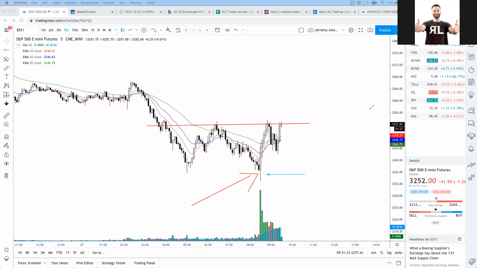So if you're playing the E-minis or just the broader market, expect a little bit of a pop, retest, and a continuation like that. This is what I refer to as the S curve. And if you're playing a futures trade, both the NQ and the E-minis are going to look very similar to this. So let that pop happen and then kind of look to buy or retest.